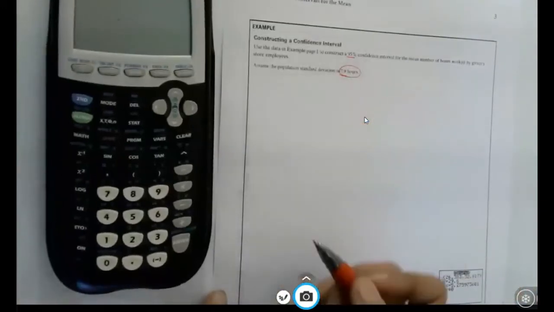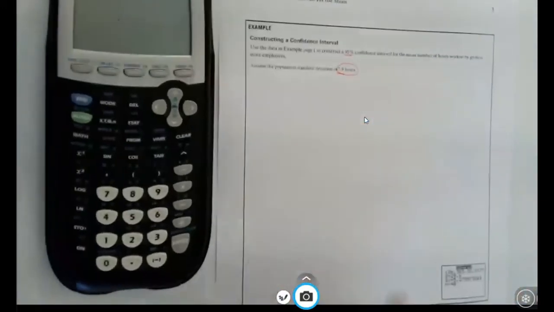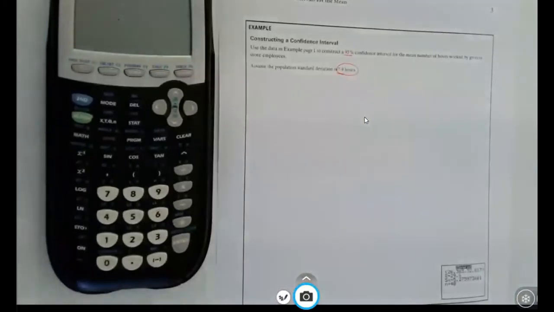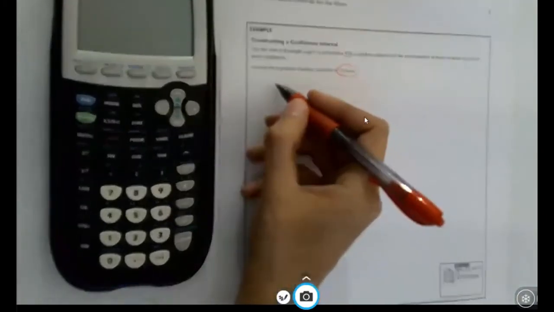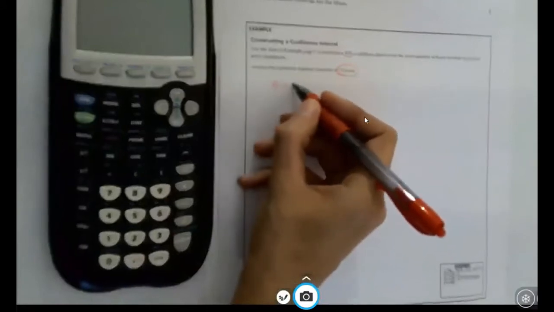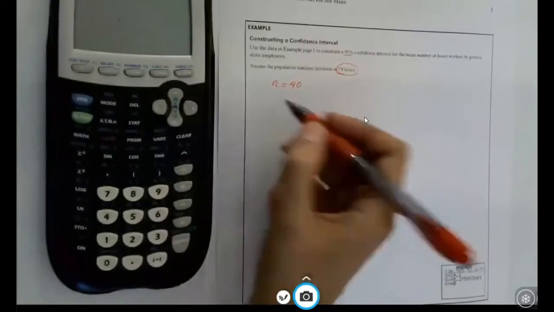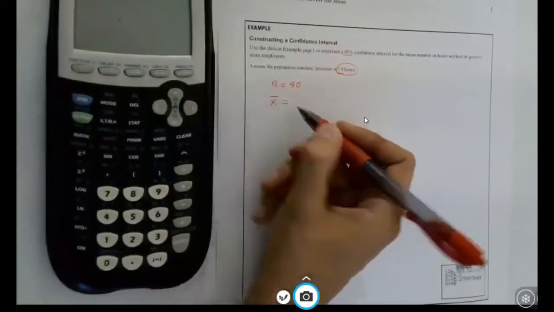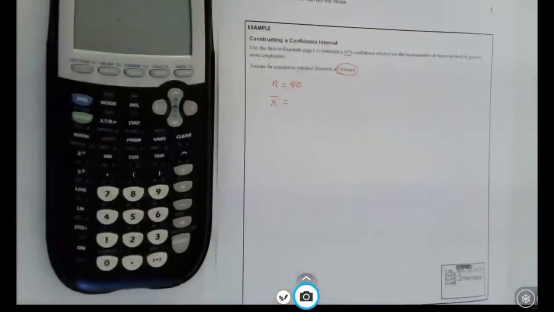So what information is given to us? From example 1, we had n, the sample size, equal to 40, and the mean that we calculated was 29.6.